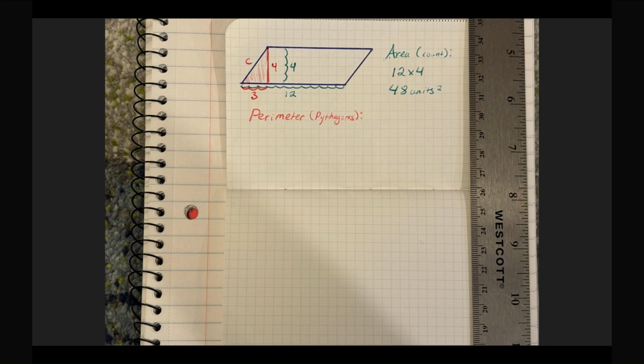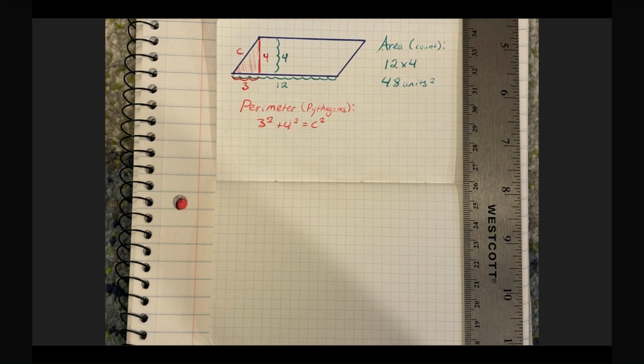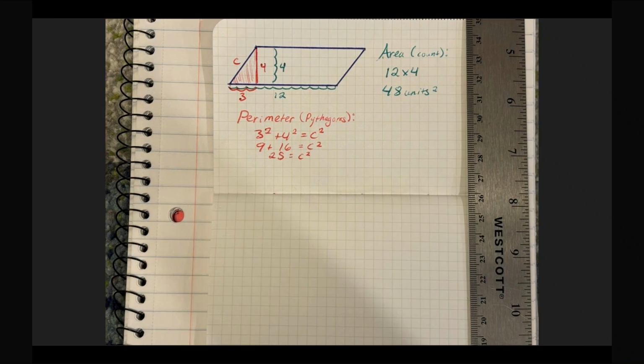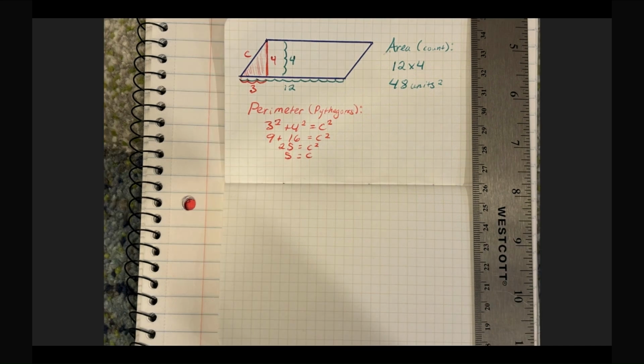And in the Pythagorean theorem, we know a squared plus b squared equals c squared. So in this case, that's 3 squared plus 4 squared equals c squared. 3 squared is 9 and 4 squared is 16. So we've got 9 plus 16 equals c squared. We add 9 plus 16 to get 25 equals c squared.